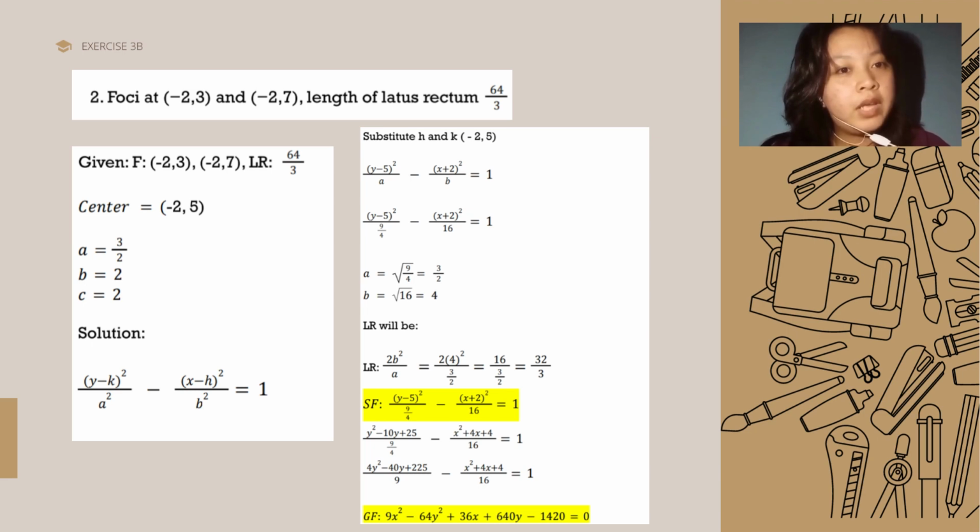So, syempre, i-solve natin yung y minus 5 squared, which is y squared minus 10y plus 25. So, copy natin yung 9/4 minus yung x plus 2 squared naman ay x squared plus 4x plus 4. Syempre, copy natin yung 16 is equal to 1.